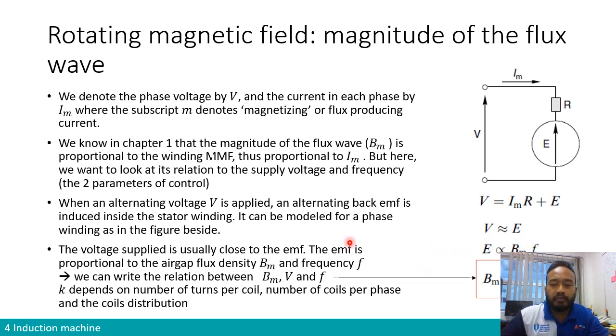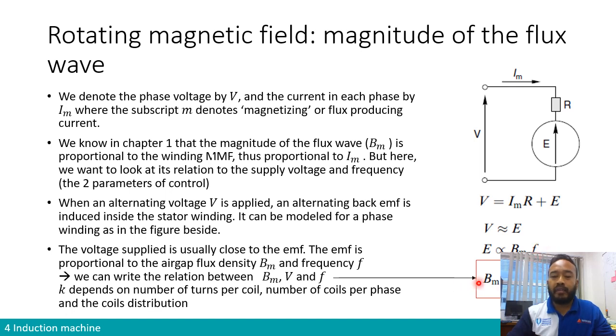Therefore, knowing that the back EMF is very close to the voltage V, we can say that the voltage V is also proportional to the magnetic flux density Bm and frequency.